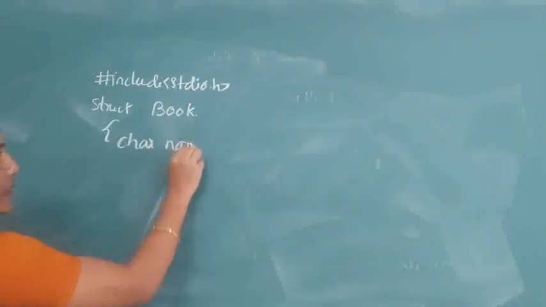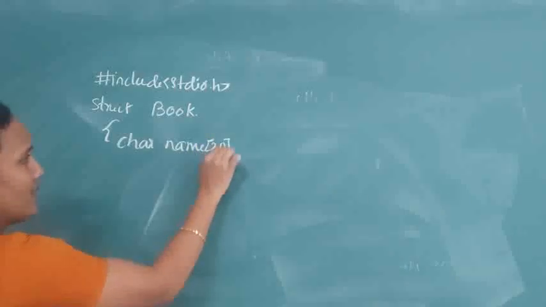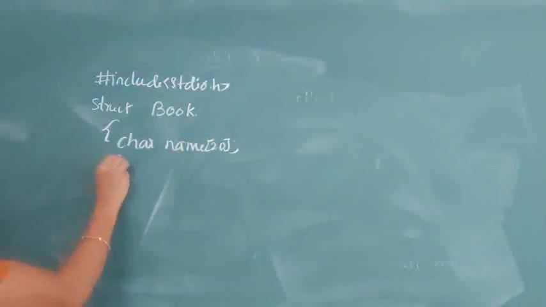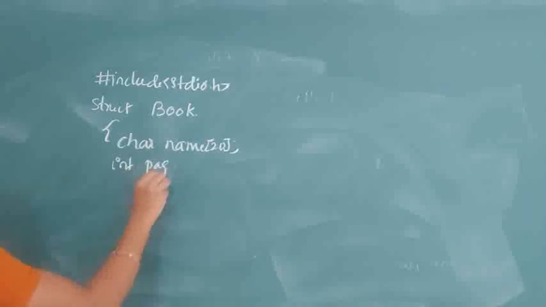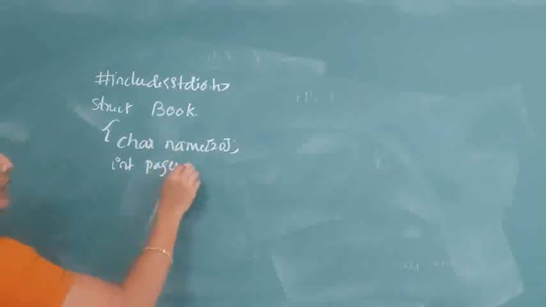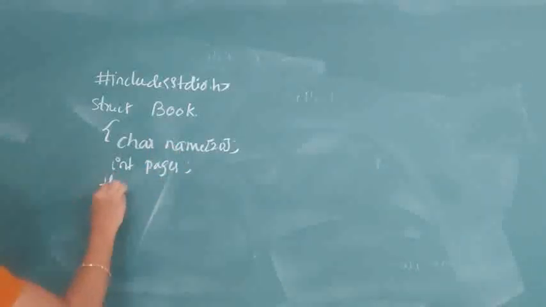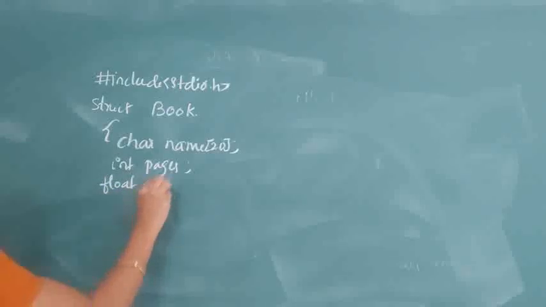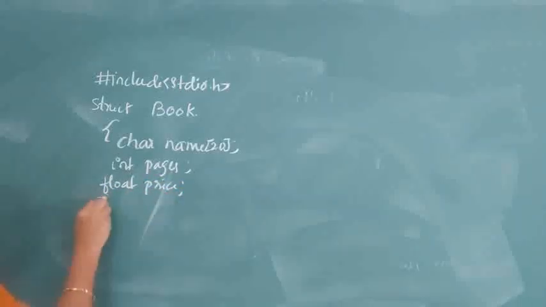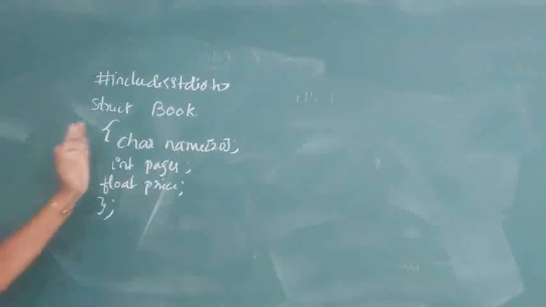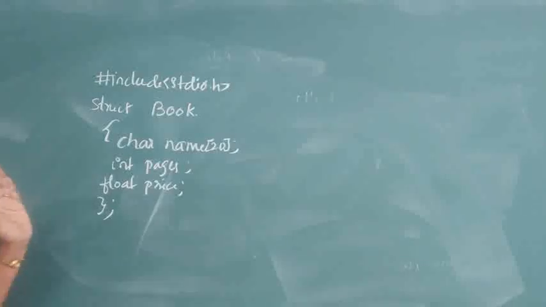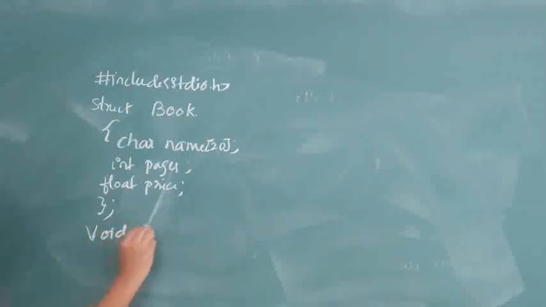Char name, example 20 characters, int pages, semicolon, float price. Close this, give the semicolon. Only the structure declaration is over. Now, after this, you give the main function, void main.